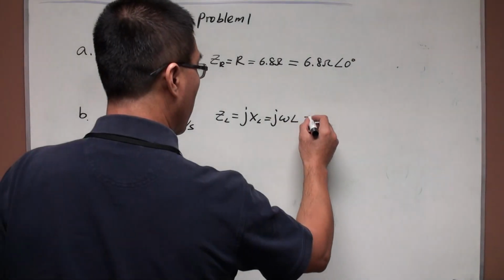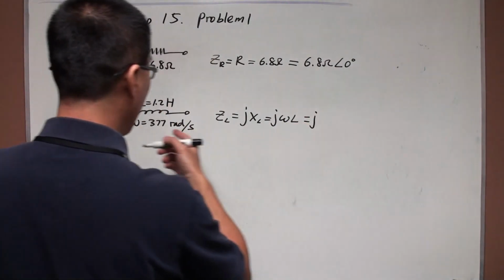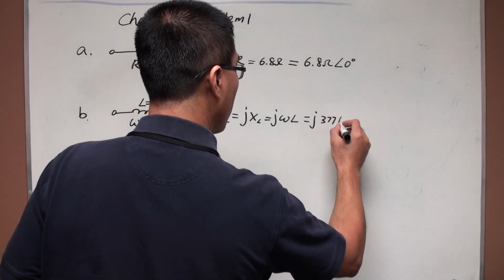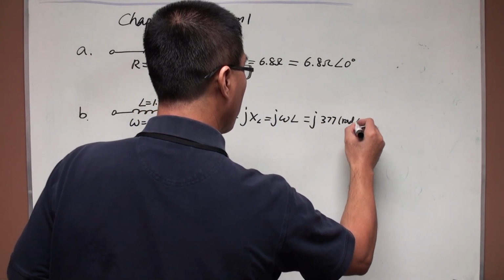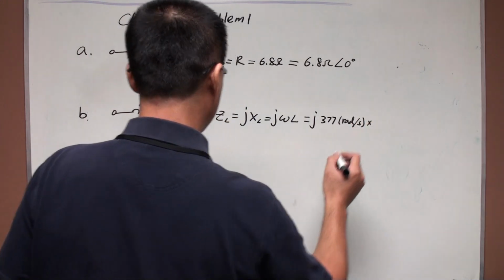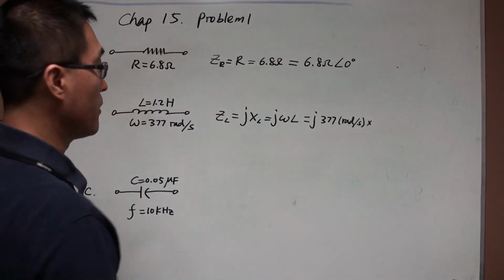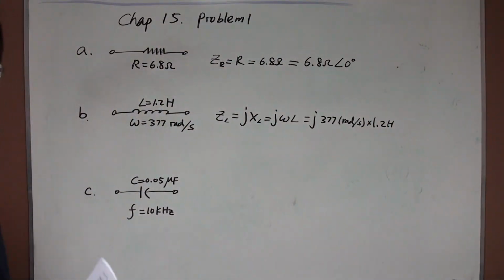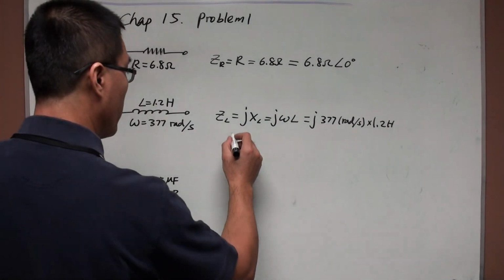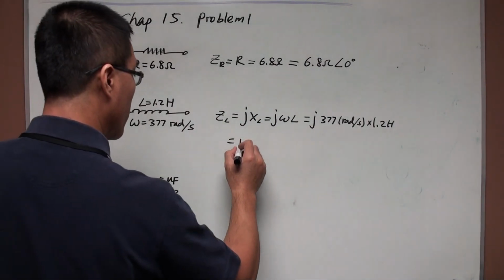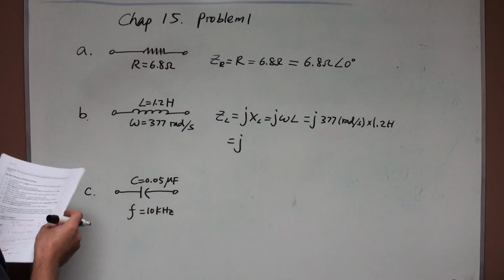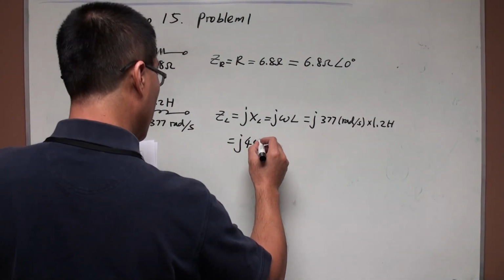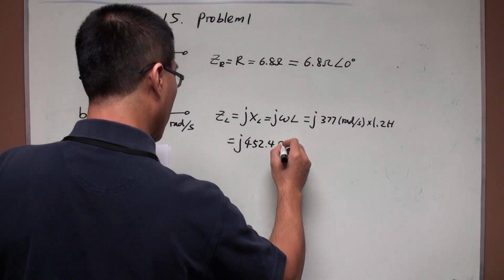So if you do the calculation, it's j times omega, which is 377 rad per second, times the inductance, which is 1.2 H. If you do the calculation, it's equal to j times 452.4 ohms.